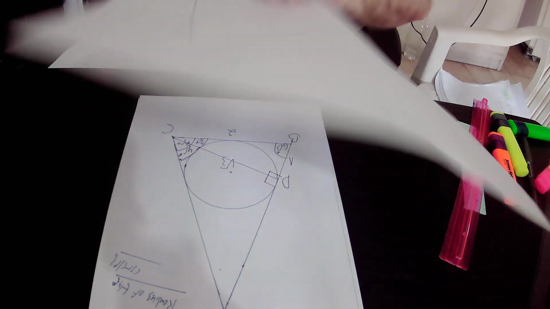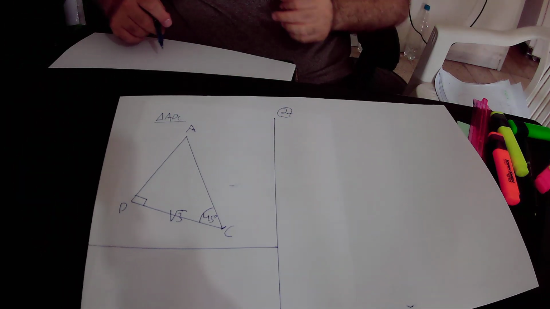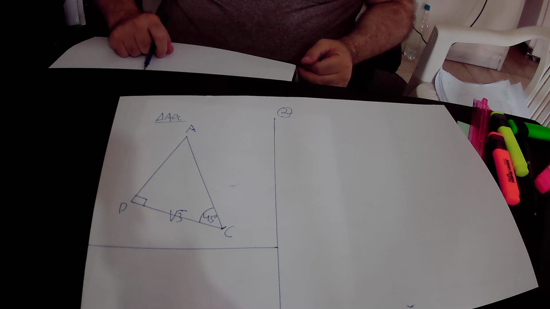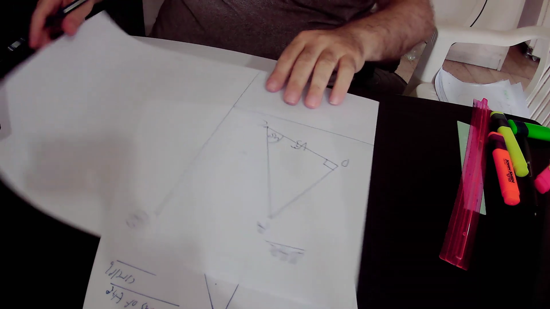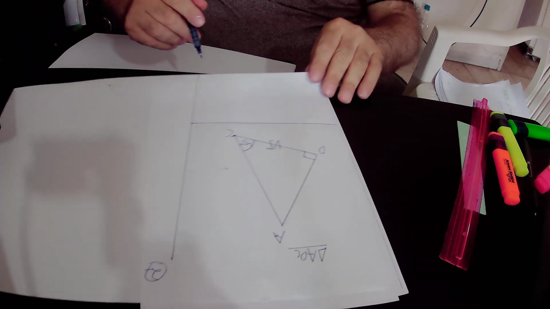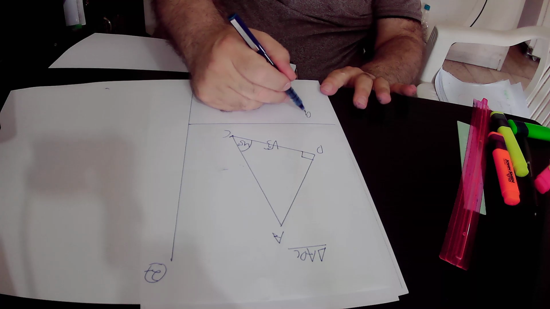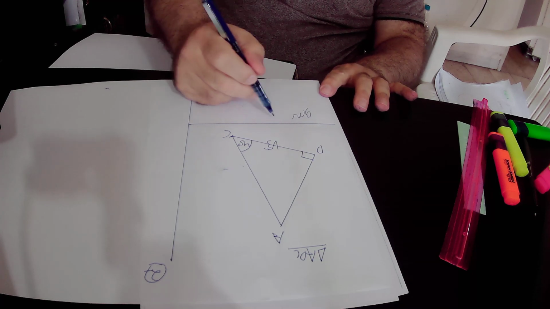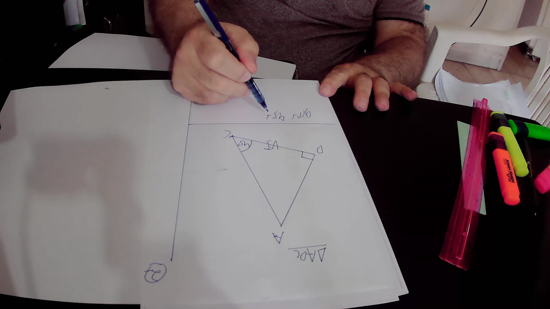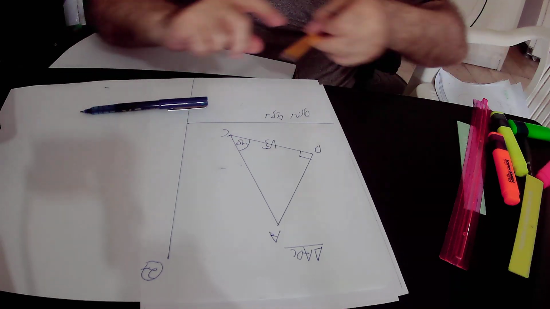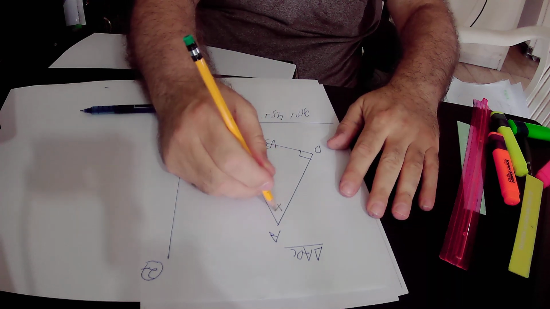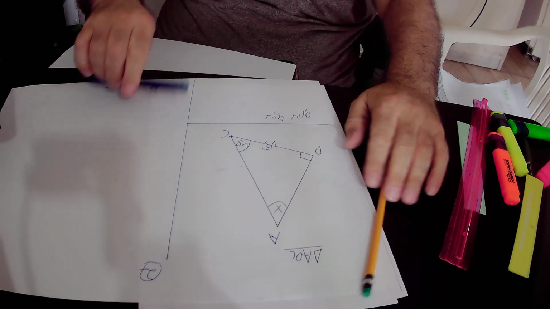So this is the right triangle ADC that I copied from the original drawing. The sum of the angles in the triangle ADC is equal to 180 degrees. So which angles do we have in triangle ADC? This angle equals 90 degrees. This angle equals 45 degrees. And this is the missing angle. We define the missing angle as x.